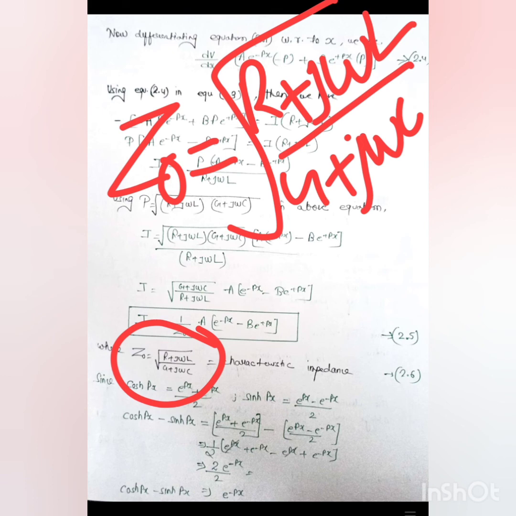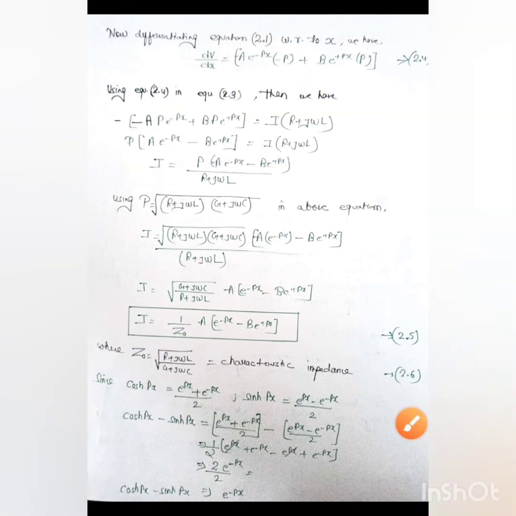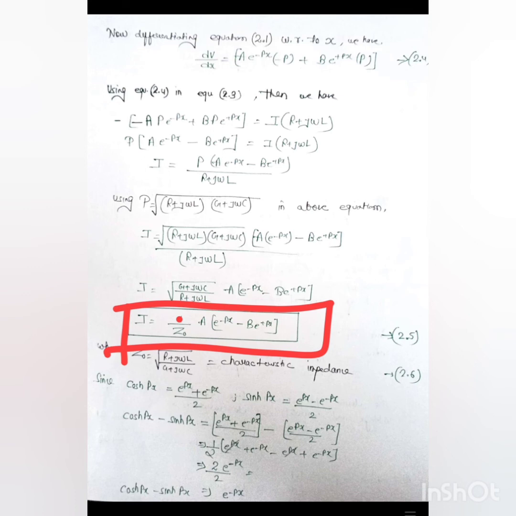Here we can see that this is in the opposite form, so we have taken 1 upon Z naught, because our Z naught is root over (R plus j omega L) upon (G plus j omega C), and after putting in all these values we get this equation.